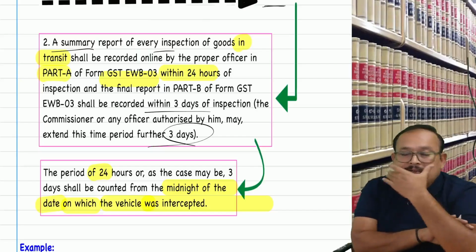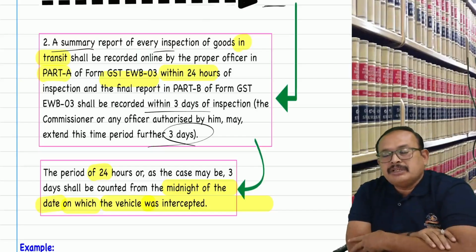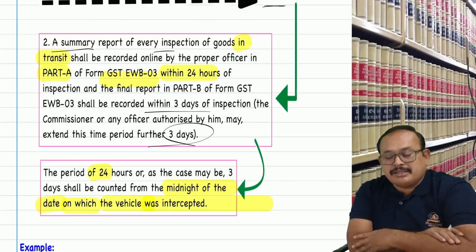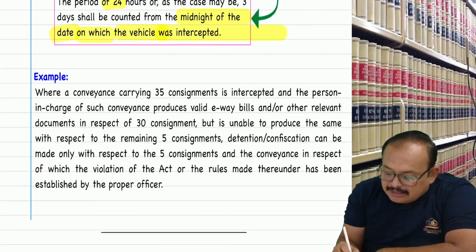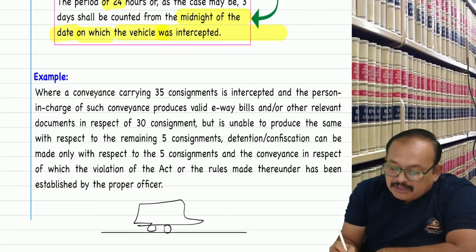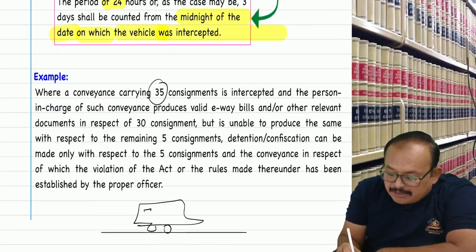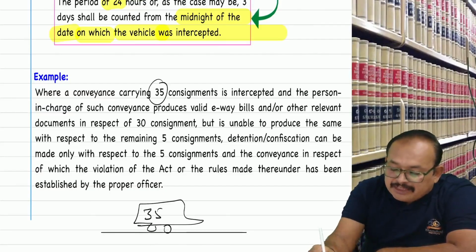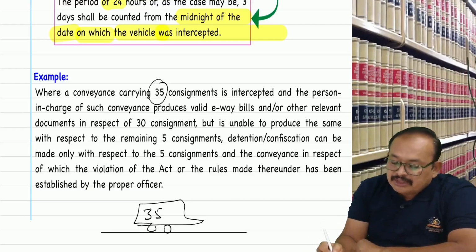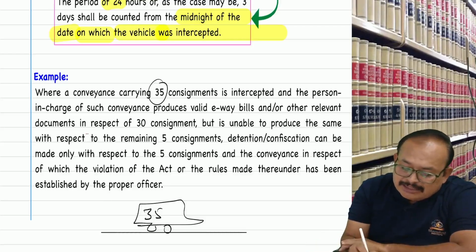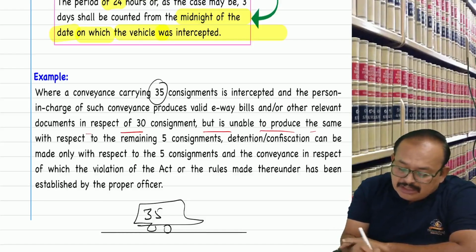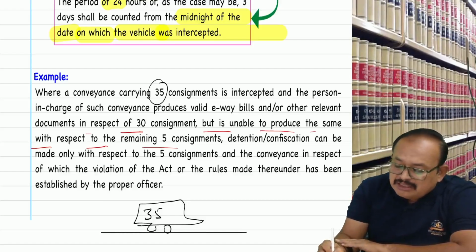Looking ahead, if there is a consignment, a particular vehicle carrying goods, there are 35 consignments. Out of 35 consignments, for 30 consignments they have a valid e-way bill and other relevant documents, but are unable to produce them for the remaining 5 consignments, for which detention takes place.